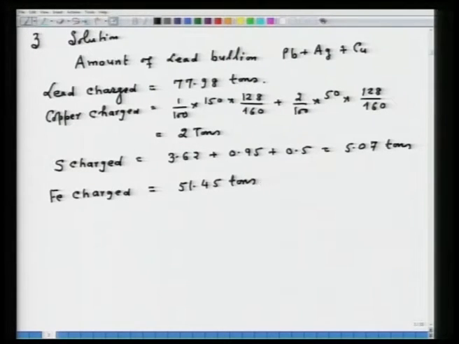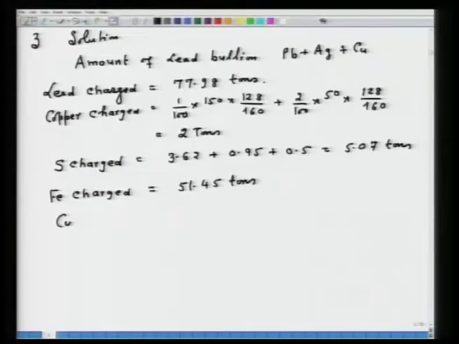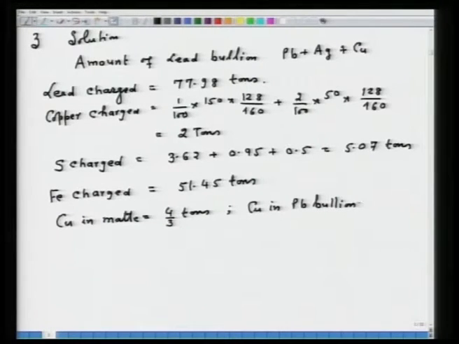Okay. So, now we have to calculate the charge balance. So, matte and everything we have to calculate. Copper in matte will be equal to 4/3 tons as per the condition of the problem, and copper in lead bullion is equal to 2/3 tons.